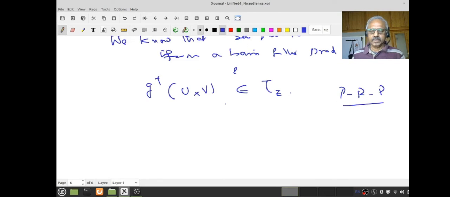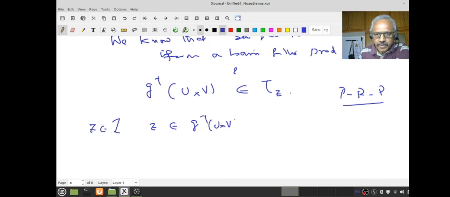Now, as usual, if you give me a z in capital Z, when does z belong to G inverse of U cross V? Remember my mantra: the only way to work with an inverse map is that z belongs to f inverse of B if and only if f of z belongs to B. That's the only thing.